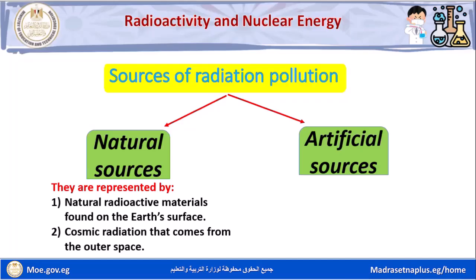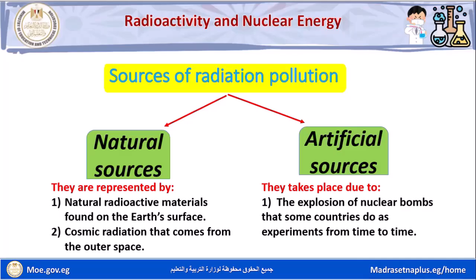According to artificial sources, they take place due to, number one, the explosion of nuclear bombs that some countries do as experiments from time to time. Number two, the nuclear reactors.